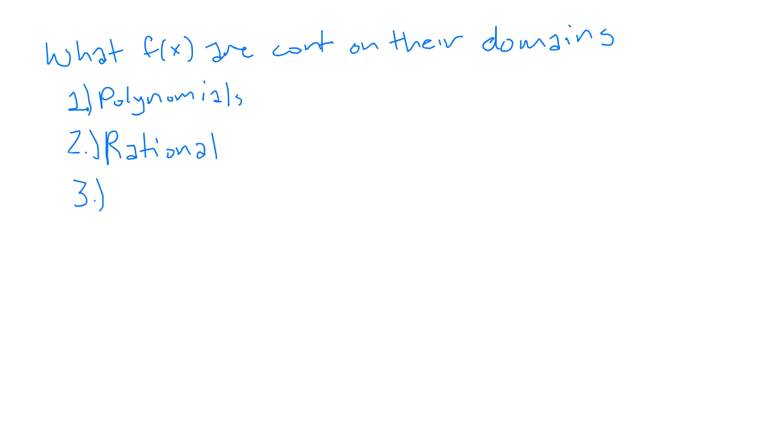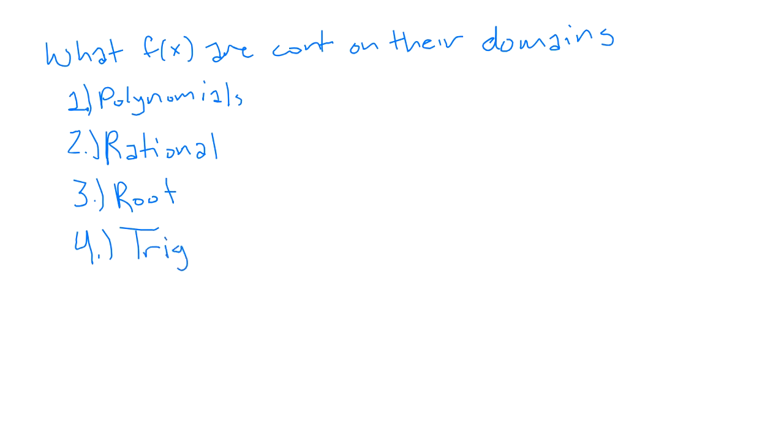Let's see, we can have root functions. Now, root functions typically have limited domains, especially if they're even-numbered roots. So square roots, fourth roots, all of those are going to have limited domains. We also have our trig functions, and some of these will have restrictions as well.